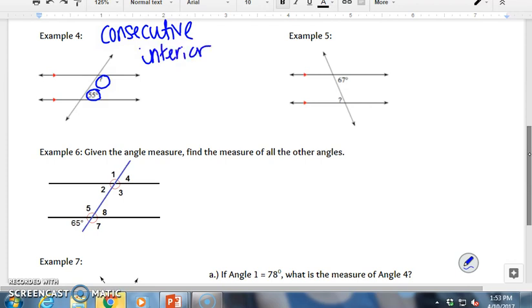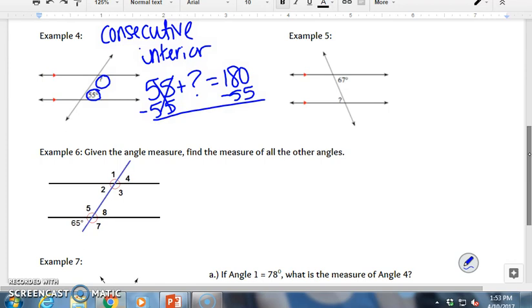Consecutive interior are the ones that together, 55 plus the question mark, will equal 180. So we have to solve here. So angle question mark is going to equal 125 degrees.